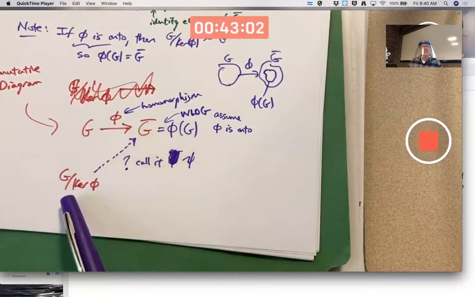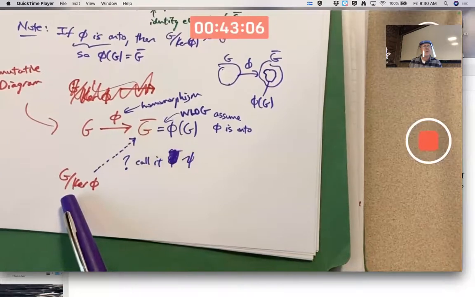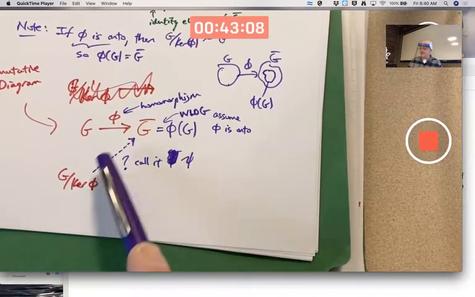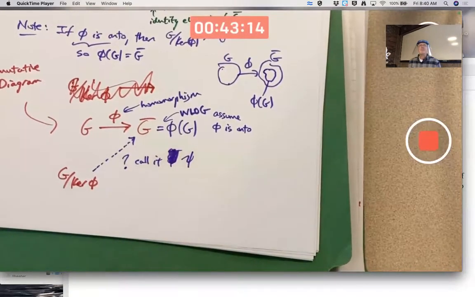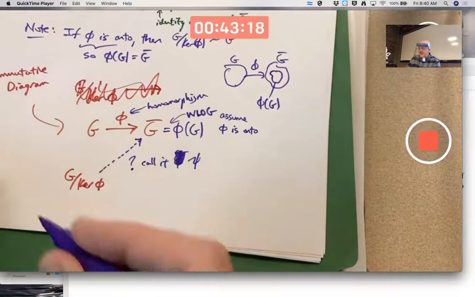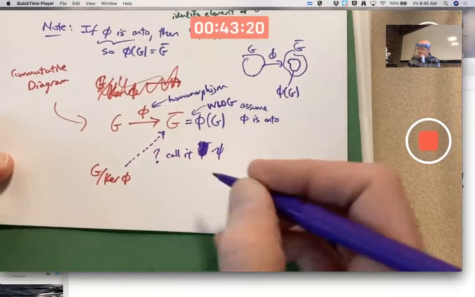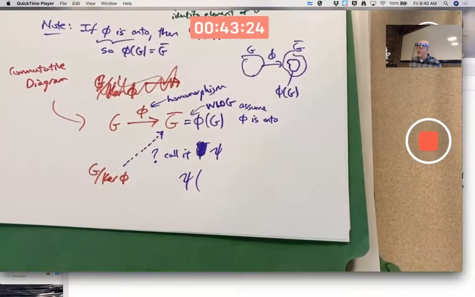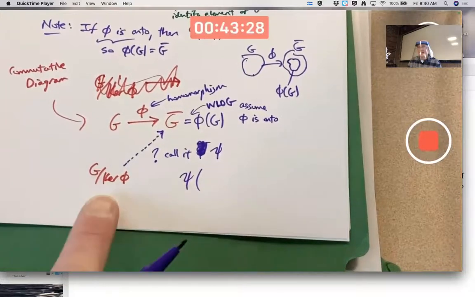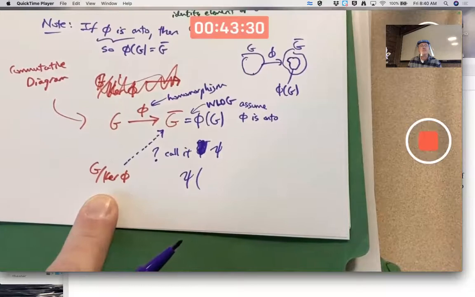And by doing the factor group, maybe that somehow allows us to take phi and make a one-to-one mapping. Still probably not very clear, other than to say we've got to define psi applied to an arbitrary coset of the kernel, because the elements of the factor group are cosets, left cosets.